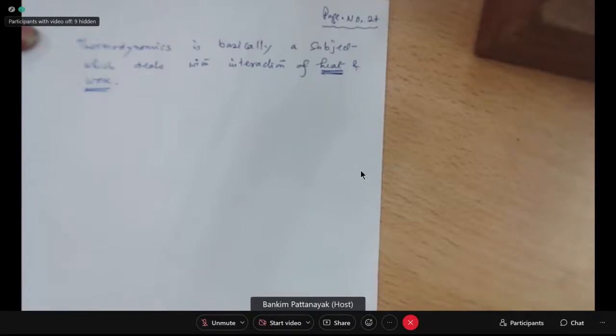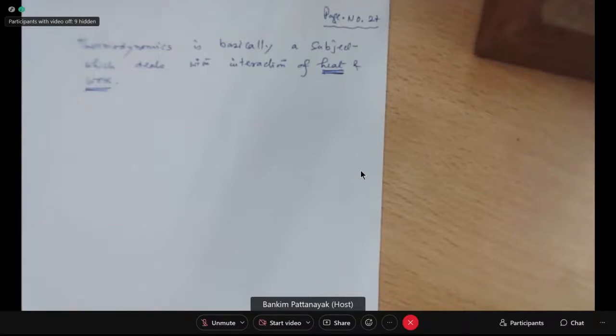Now that we know that they contain energy, we have developed technology to harness that energy. How to harness the energy from the fossil fuel is taught in thermodynamics, because that is the basis of civilization actually.